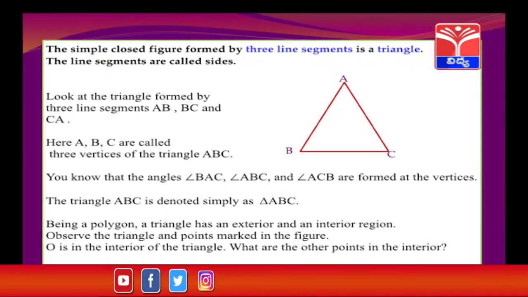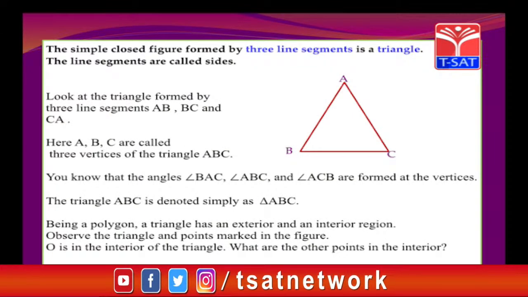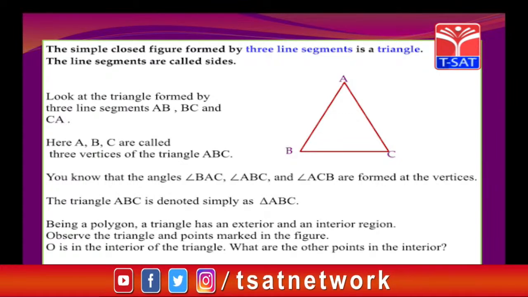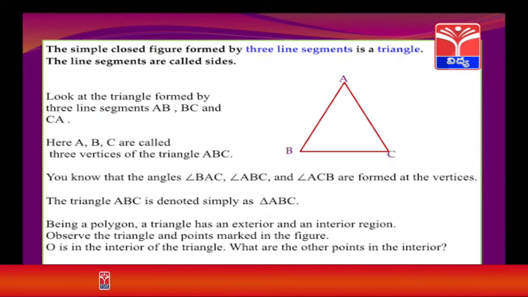Now, let us discuss the triangle. The simple closed figure formed by 3 line segments is called a triangle. These line segments are called the sides of the triangle. How many sides are there? 3 sides. What are the sides? AB, BC and CA. Here we can keep a bar on AB.